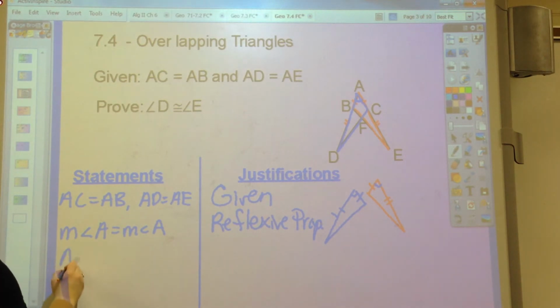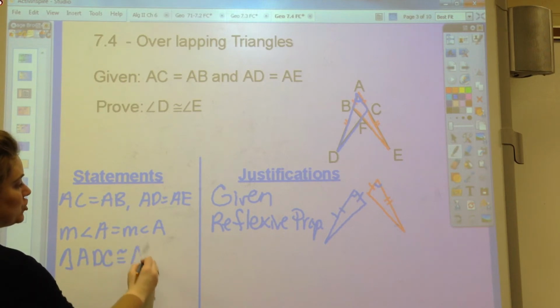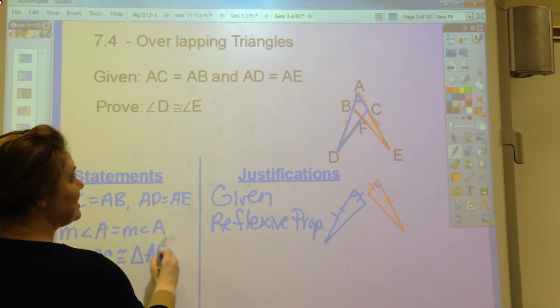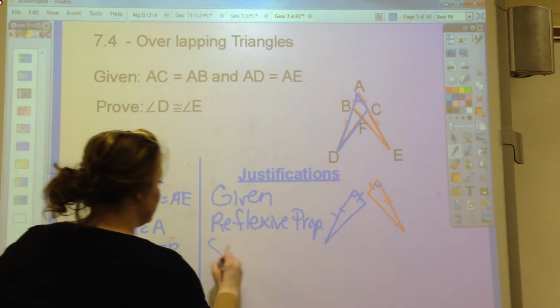Agreed? Triangle ADC is congruent to triangle AEB because of the side angle side theorem.